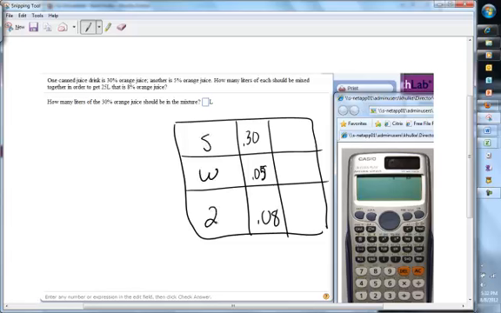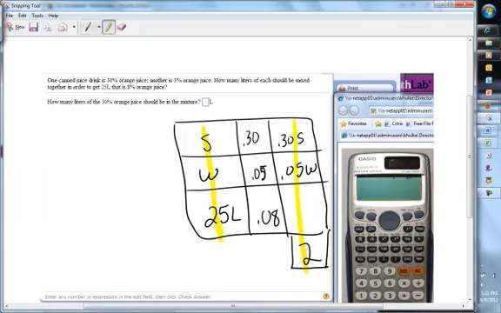And we end up with 25 liters. So this is 0.30 strong and this is 0.05 weak. And we know they add up to 25 times 0.08, they add up to 2. So here's our two equations here.